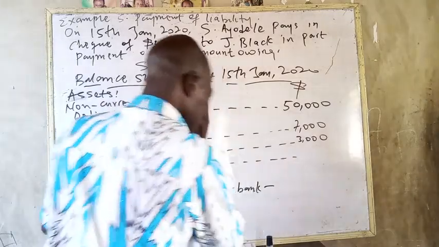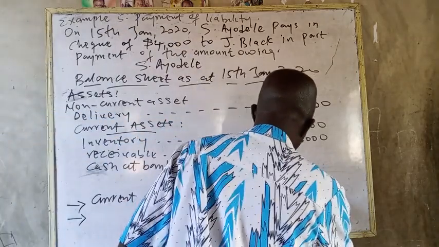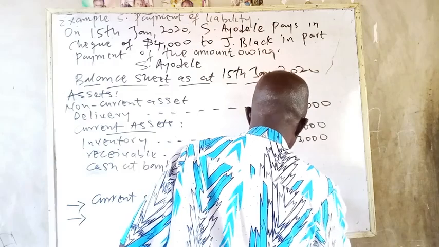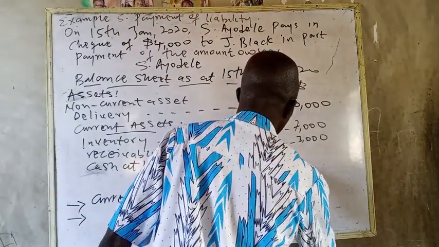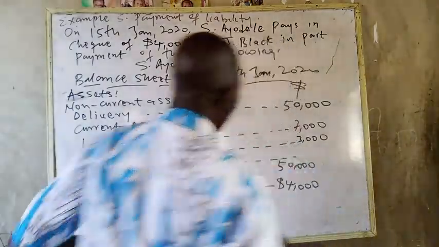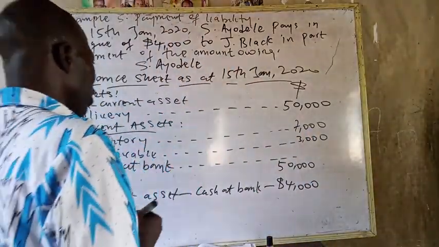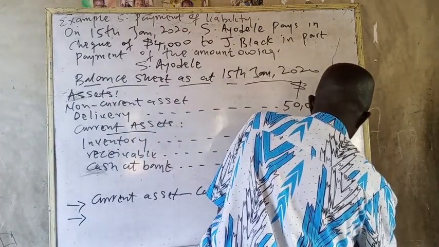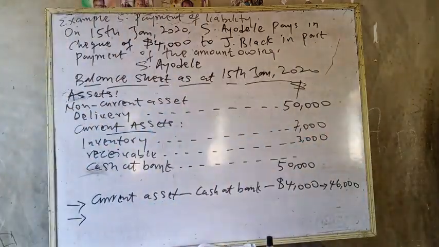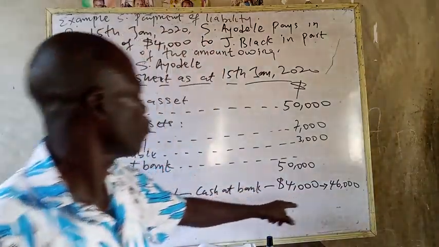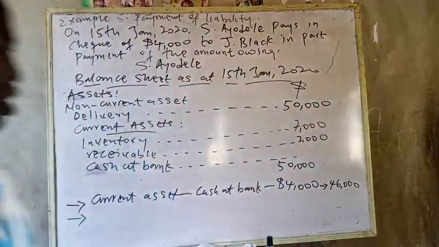The 4,000 is going to affect our bank. We had 50,000 there before. If you remove 4,000 from 50,000, it's going to remain 46,000. So the new amount in our cash at bank is now 46,000.